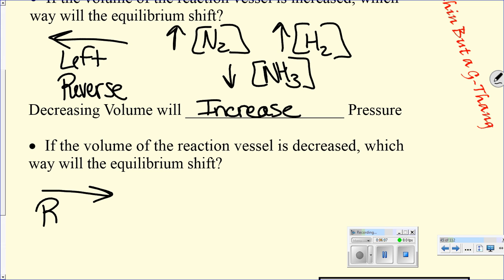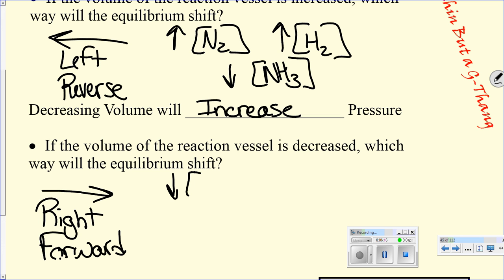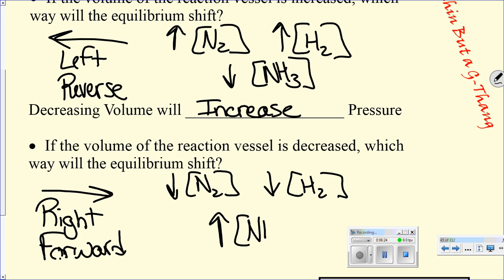So we are now going to shift to the right. In other words, favoring our forward reaction. And as we do that, we're going to have a decrease in our concentration of N2 and a decrease in our concentration of H2 because we're favoring NH3. NH3 takes up fewer moles of space and therefore is favored when we have very little space or high pressure.